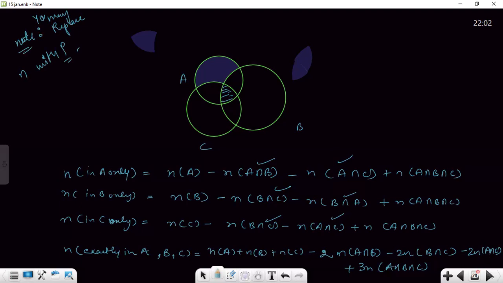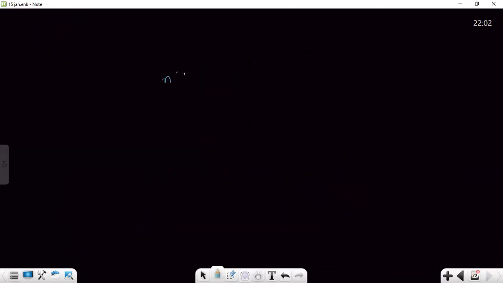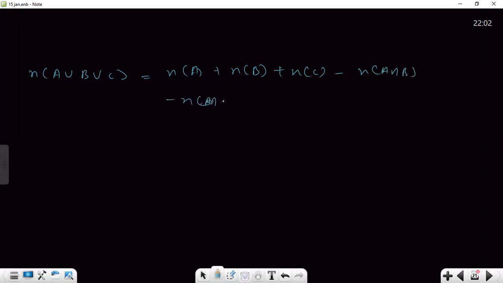So n of A union B union C is n of A plus number of elements B, number of elements C, minus number of elements A intersection B, B intersection C, sorry, A intersection C, plus A intersection B intersection C. You can also replace them with probability.